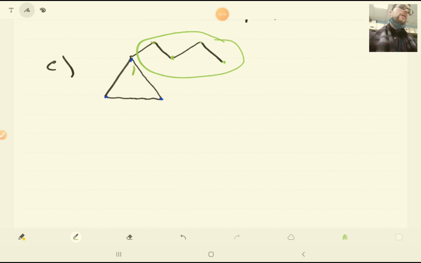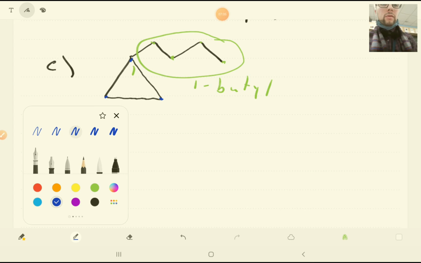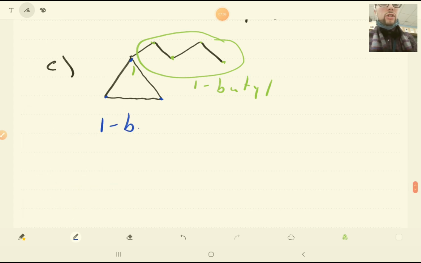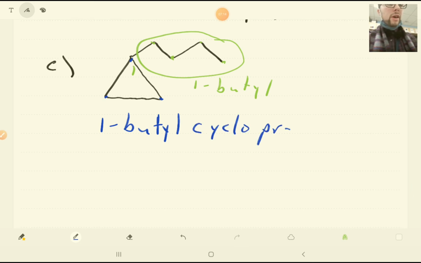And we're always going to commence counting from the branch. So this would be 1-butyl. And so the full name for this one would be 1-butylcyclopropane.